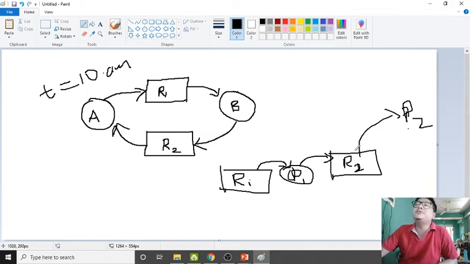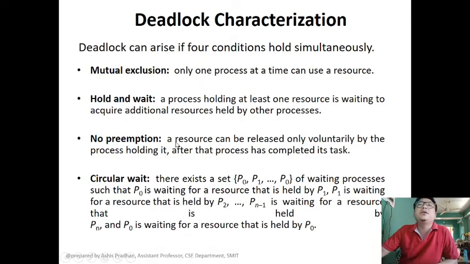R2 has to be released voluntarily by P2, then only it can be assigned to P1, the requesting process. So no preemption means P1 cannot preempt the execution or the use of R2 by P2. A resource that is held by some other process has to be released voluntarily. This is our third criteria for a deadlock to occur.